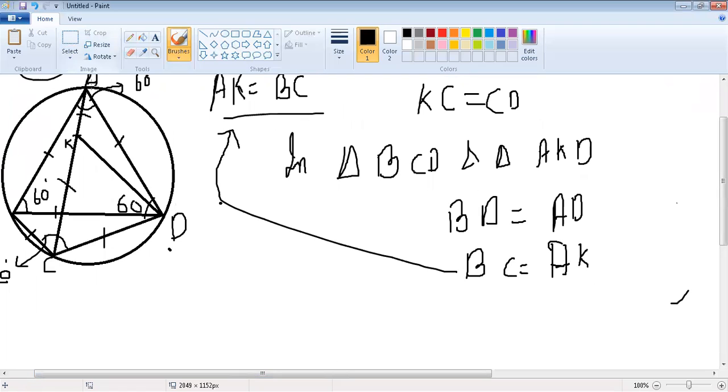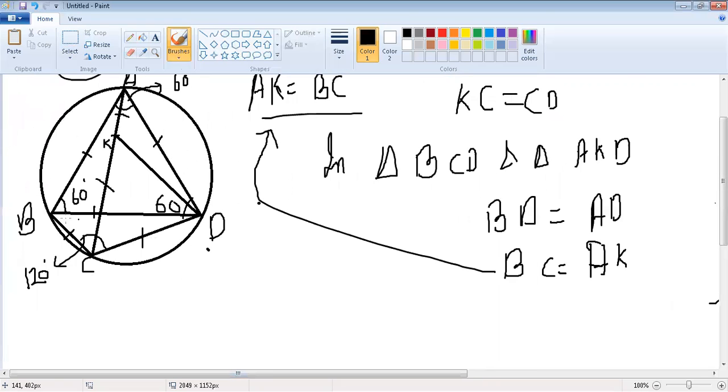Now, if we consider the segment CD, the segment of the circle CD subtends an angle here, the same angle at this place too. If you know that a chord subtends equal angles on the circumference of the circle, on the opposite side of the diameter, I mean.